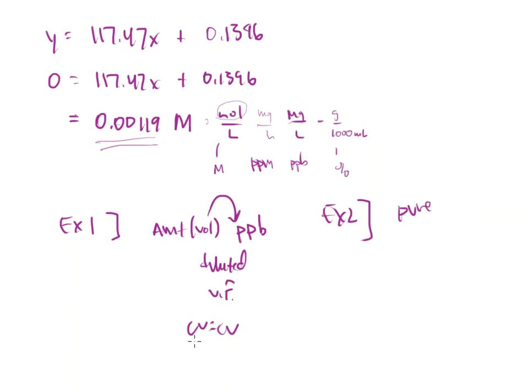So that's why we did not have to use this whole dilution step in the very beginning. We were actually able to take the volume and we used the density in order to get gram, which we then changed into another concentration unit. In this example, it was molarity, but it could have been ppb, ppm, percentage, or anything else that comes along with it. So just be comfortable with that concept.